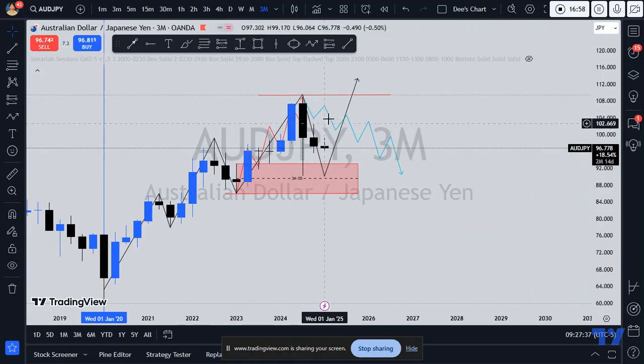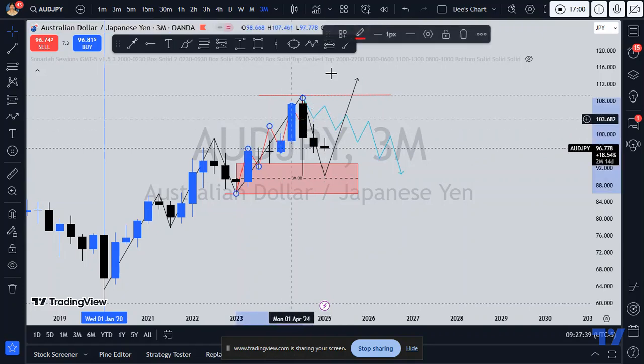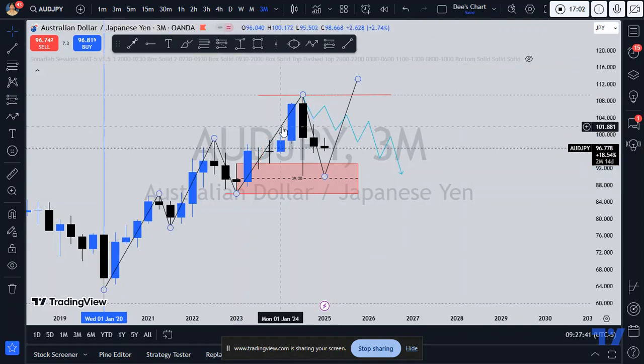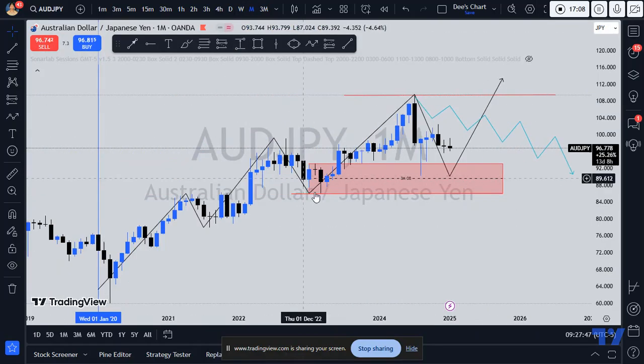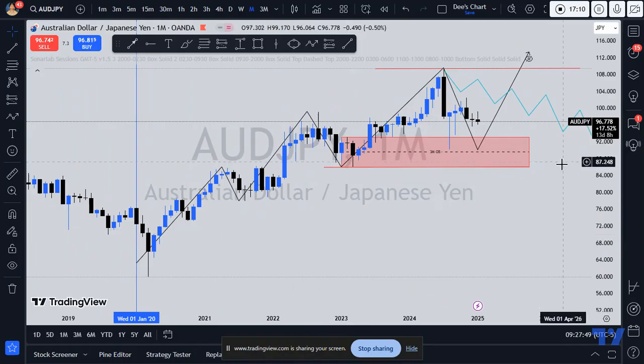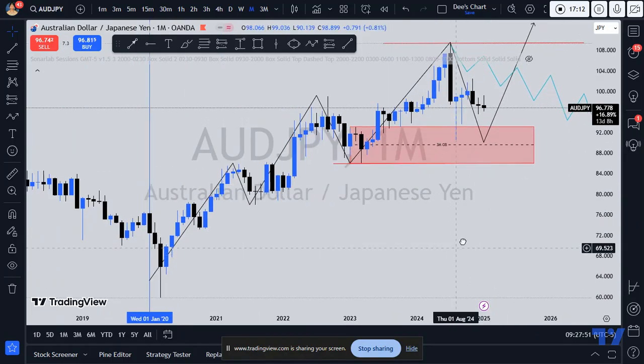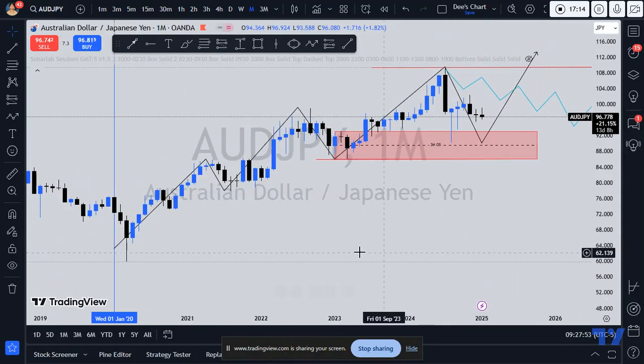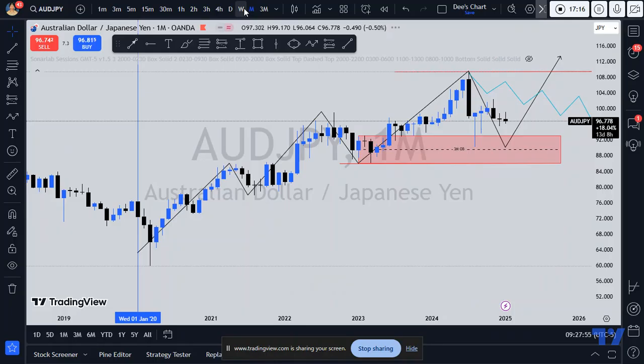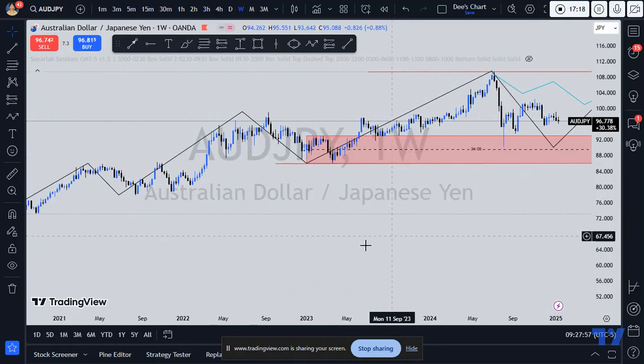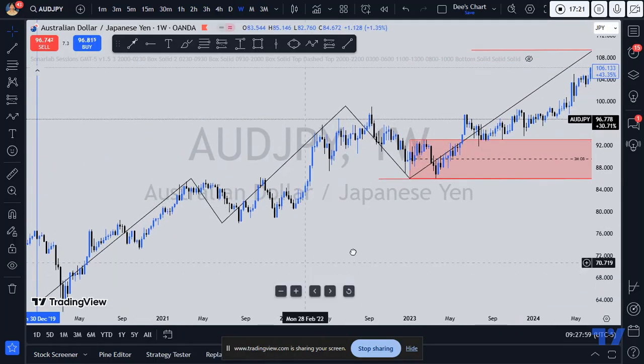So once we understand that, you can literally remove things and clean up your chart. I'll just leave this for reference. So if we go to the monthly, maybe the weekly, let me just check. Yeah, this is a way better explanation.